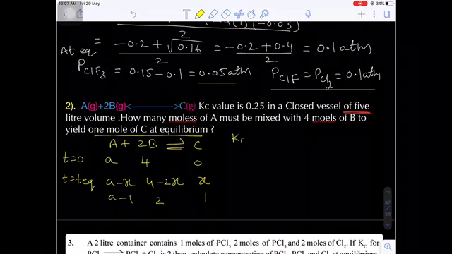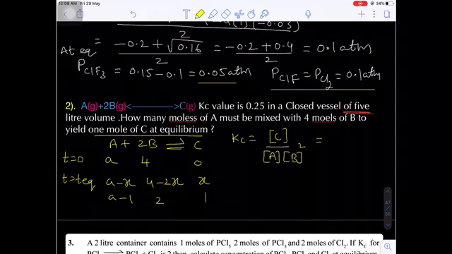Now what is the Kc expression here? Concentration of C whole divided by A into B square. What is the concentration of C? That is 1, whole divided by, remember the volume of the container is very important. How many liters of the container? 5 liters.